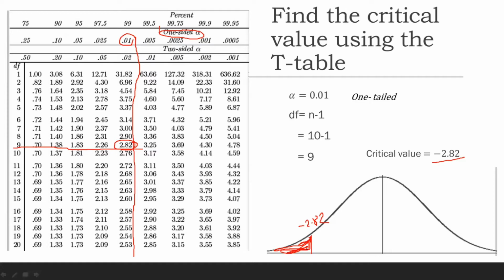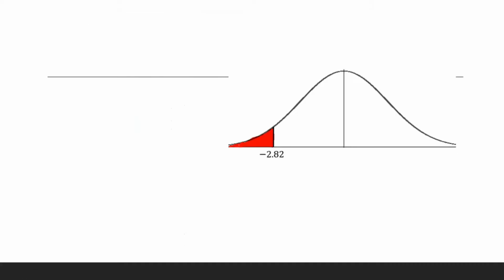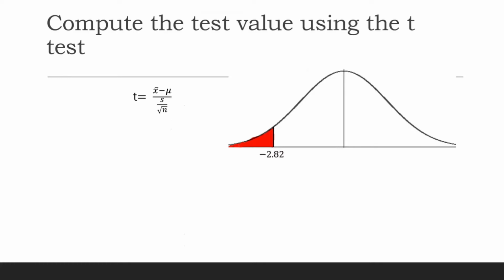So now, we will compute the test value using the t-test, which is t is equal to the sample mean minus mean divided by standard deviation and divided by the square root of n. So, the sample mean is 7.42 minus mean is 11.52 and the standard deviation is 1.3 divided by the square root of 10, which is yung n natin.